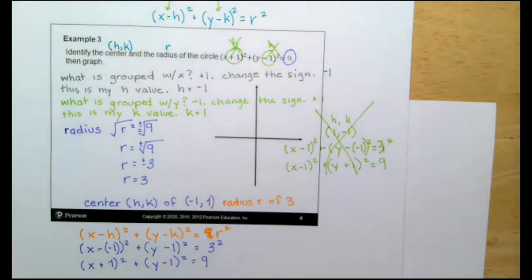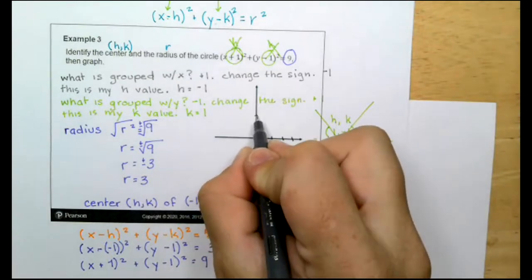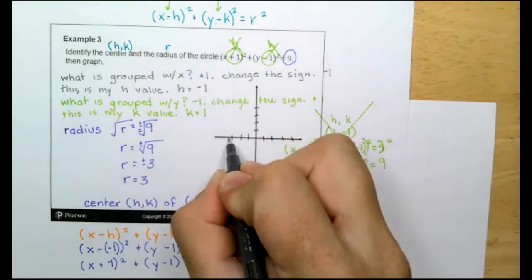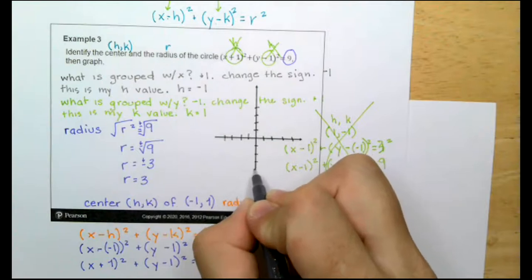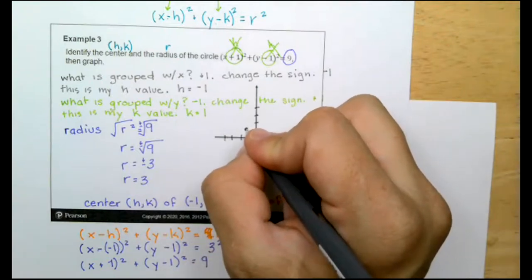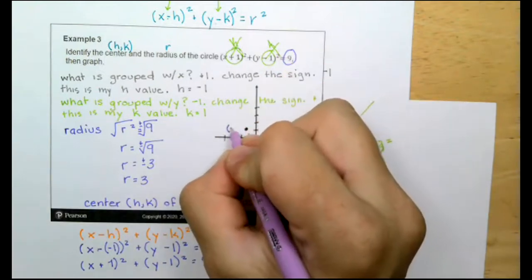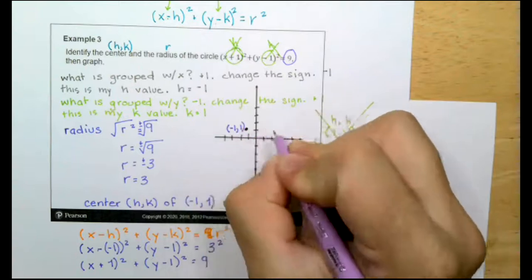All right, so we've identified the center, we identified the radius. So the center was -1 on the x, 1 on the y. It's right here. And it has a radius of 3. So this is -1, 1.